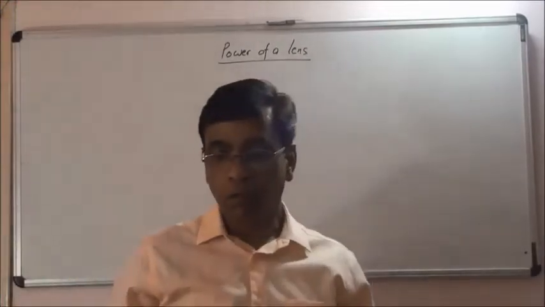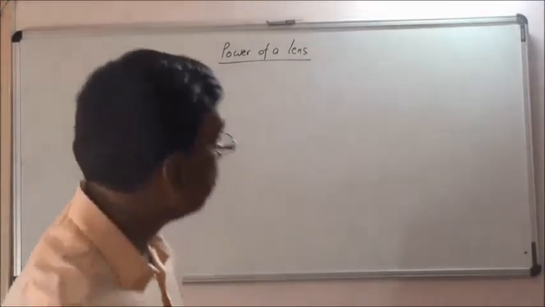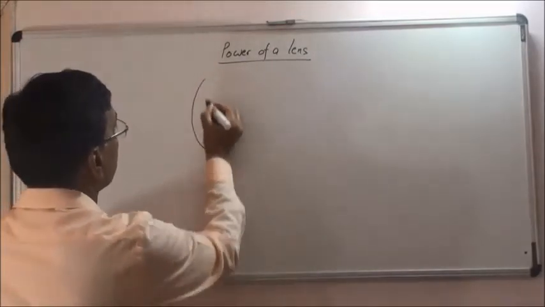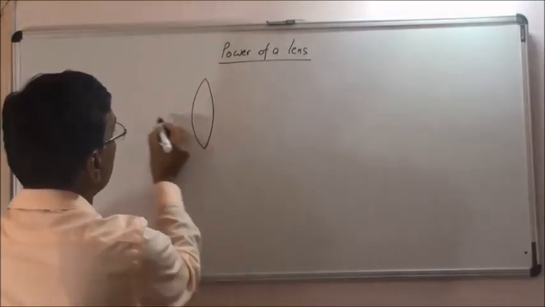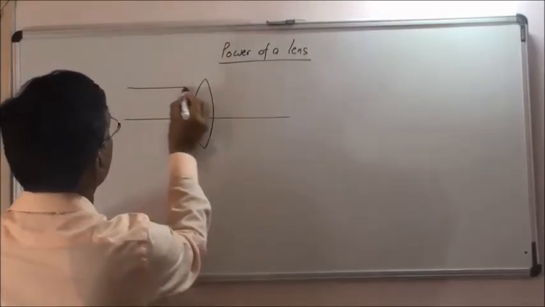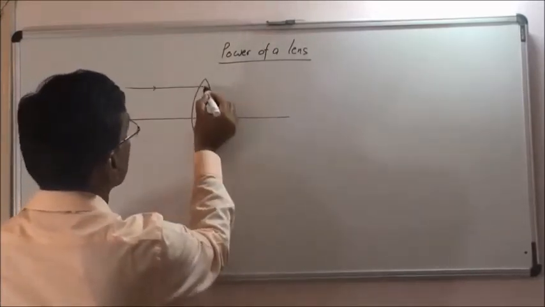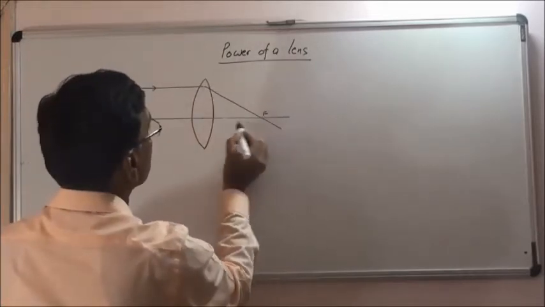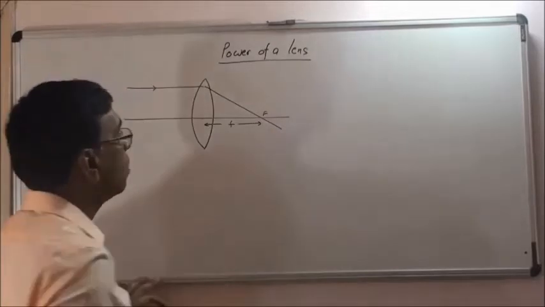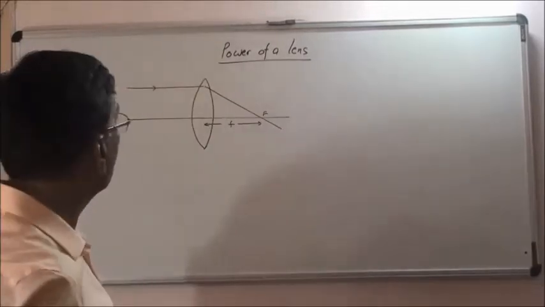We have studied the focal length of convex lens as well as concave lens. Focal length is the distance between the optical center and the focus. This distance is called focal length.